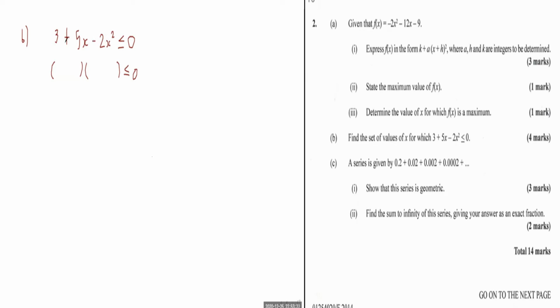If we look at it as minus 2x squared plus 5x plus 3, so let's see, to factorize it, we're going to need a 2x and the x out here. All right, we're going to need a plus and a minus. We're going to need a 3 and a 1. So let's put the 3 here and the 1 here.